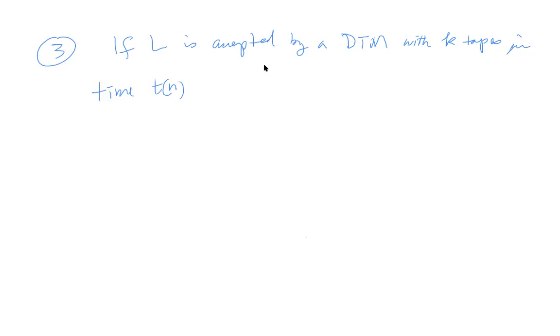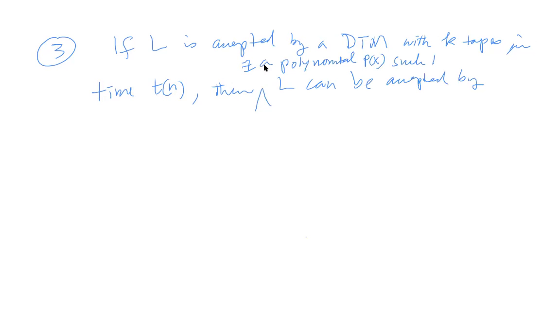So if L is computed by the DTM with k tapes in time T of n, then there is a polynomial, let's call it P of x, such that L can be accepted by a DTM in P of T of n steps.